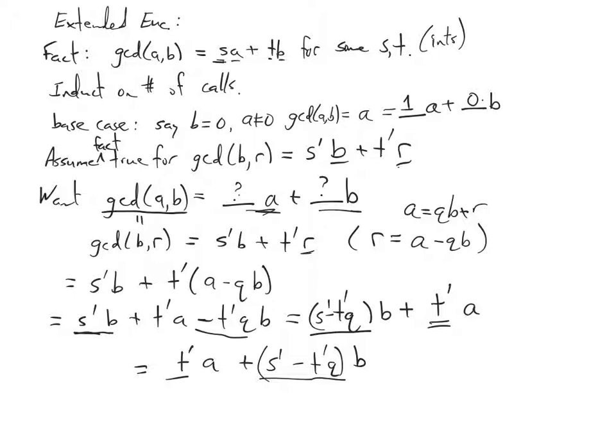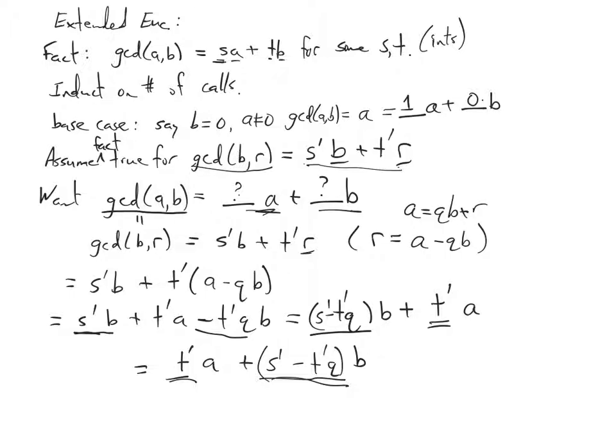Okay, so that's exciting, and we'll see how exciting it is. What does this say? This says that if you have the GCD of B and R expressed, then you can express the GCD of A and B. So that finishes our inductive fact.